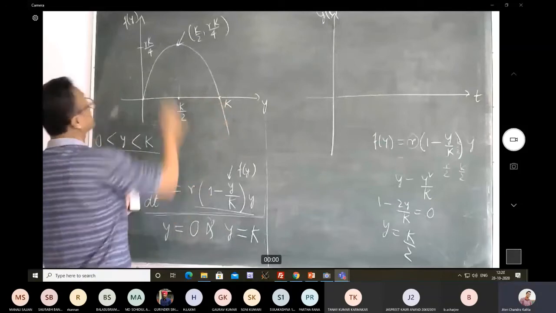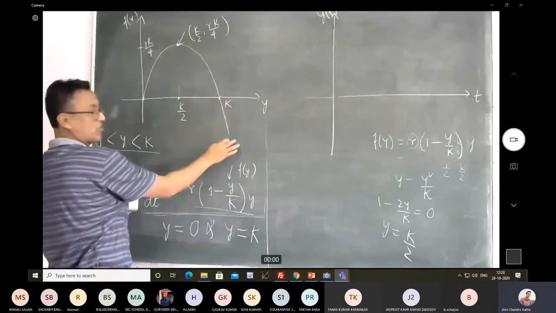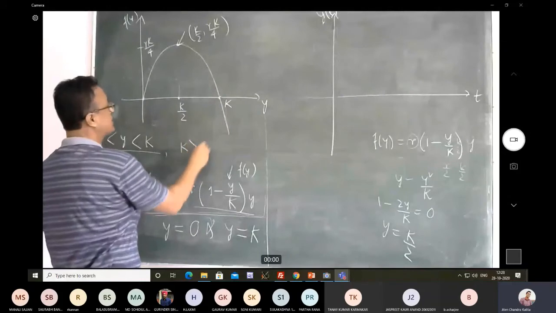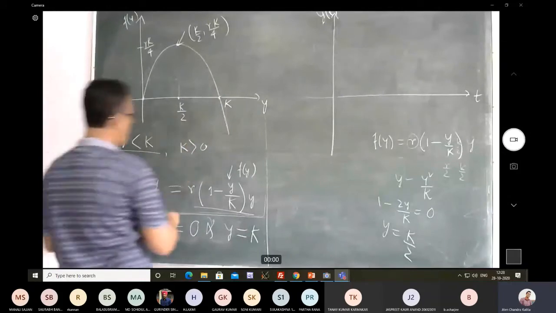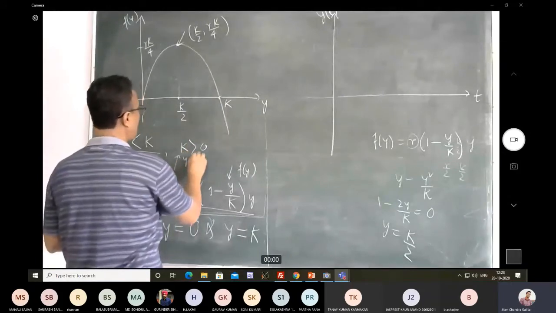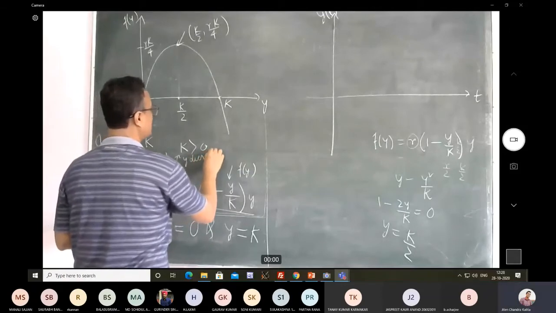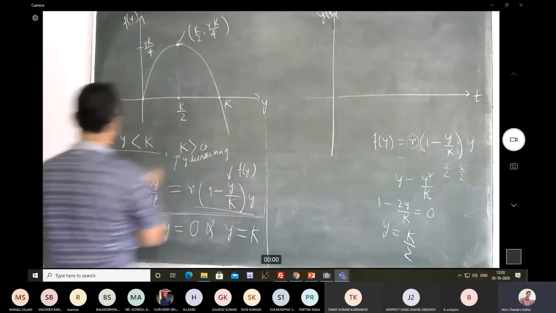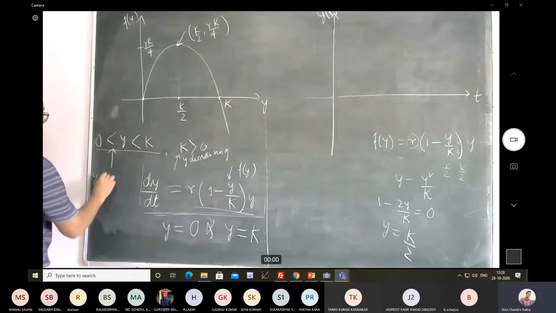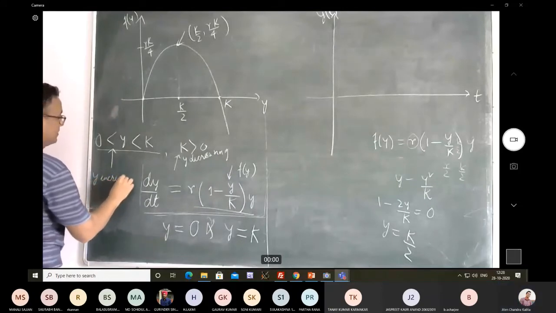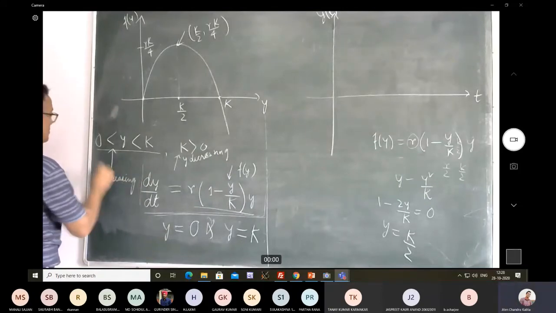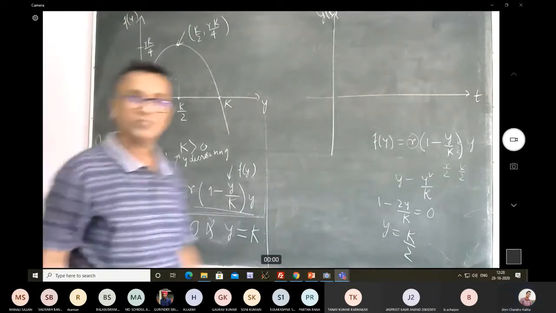So for y greater than k, y is decreasing, and for this, y is increasing.